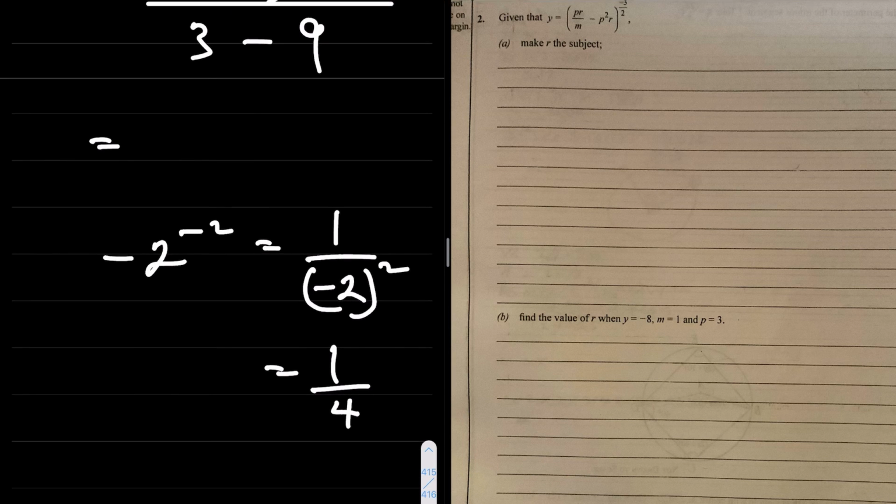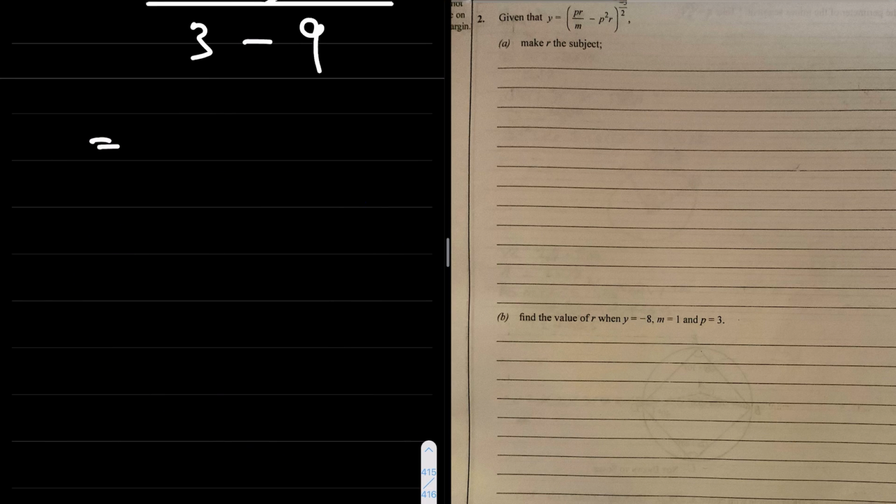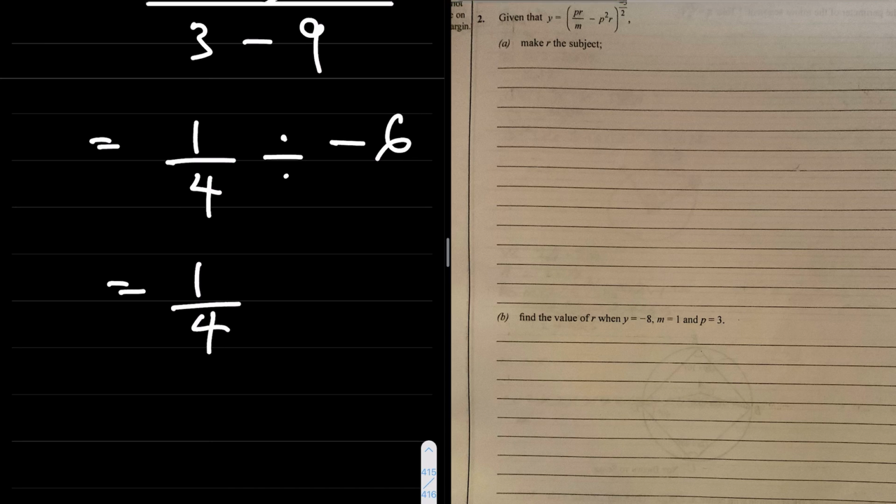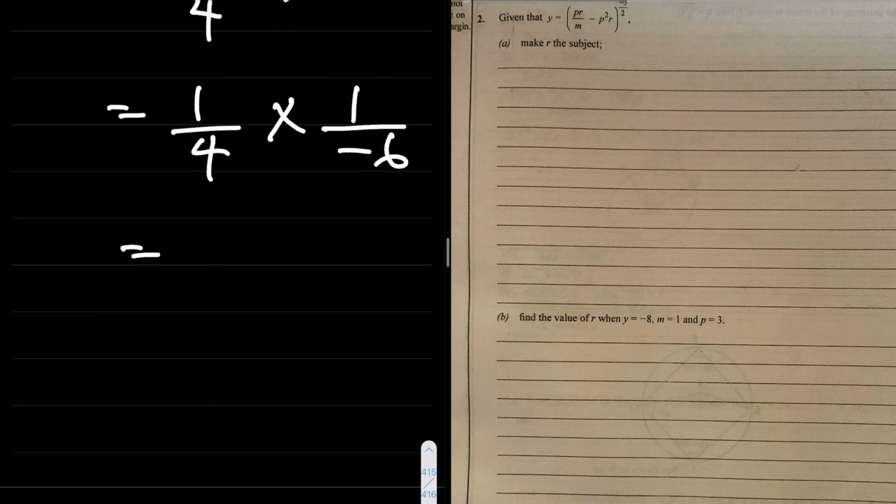So the numerator becomes 1 over 4 divided by the denominator. 3 minus 9 is minus 6. And this is the same as 1 over 4 times 1 all over minus 6, which simply means 1 all over minus 24.